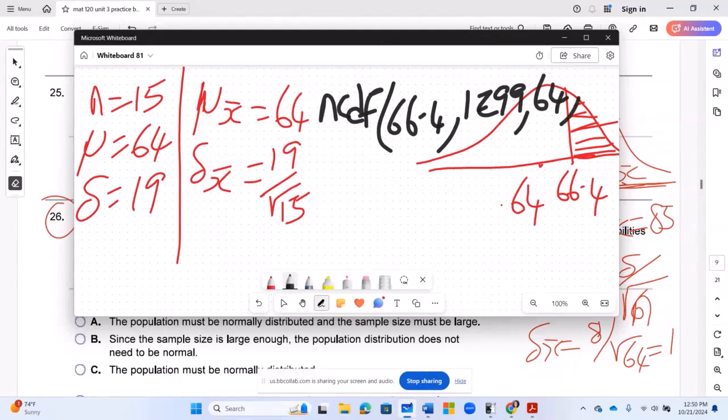The standard error is 19 divided by square root of 15. Okay, now that I have written the argument, I will pull my calculator up and find area to the right.